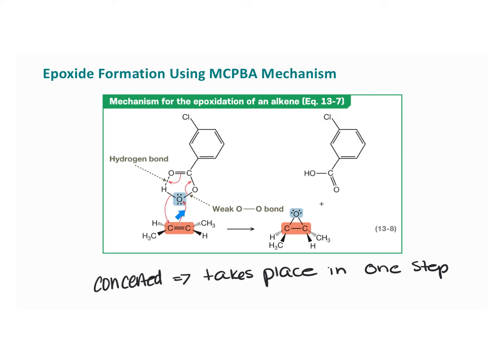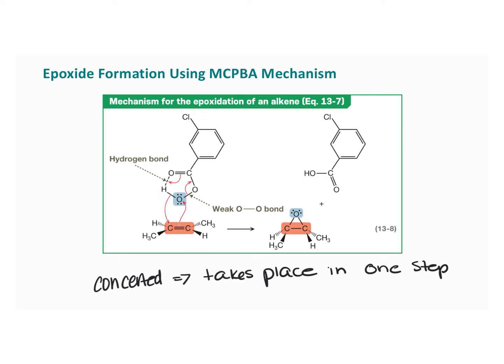So here's what happens. These electrons come up and attack this oxygen. These electrons come down and attack that carbon. This is a very weak bond. That's why it makes it reactive. These electrons jump here to form a double bond. There's that double bond there. Those electrons jump up and grab that proton, okay?